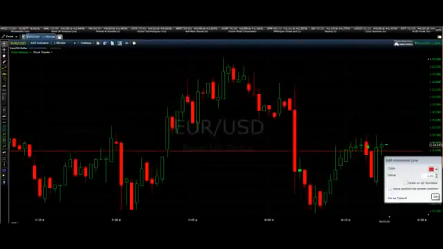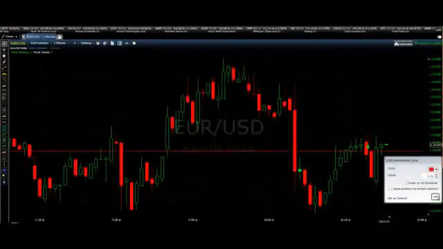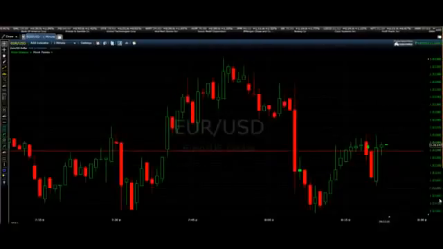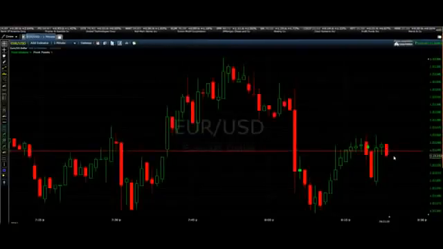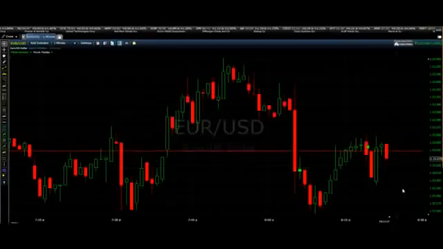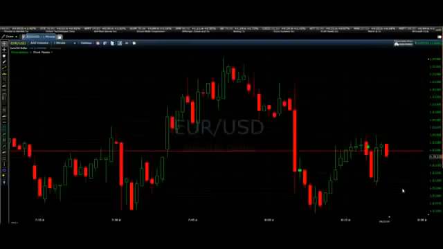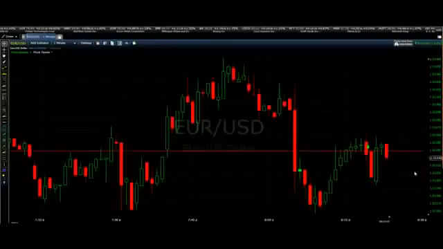So if I did a put, I will put a red line, and if I do a call, I will put a green line. And it just gives me a visual reference of where the target needs to go, either under my line or over it. And it's just for visual reference. However, it really means absolutely nothing in the trading world. But again, I will just pause this again, and I will come back in just a little bit, and we can see how it's progressing.